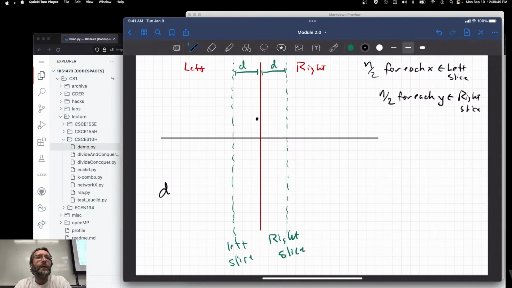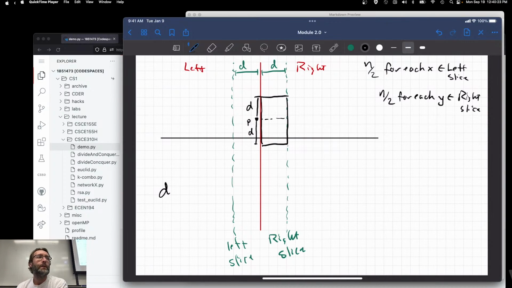We need more structure. Well, if I exploited that structure of distance D away in the x direction, what's to stop me from exploiting that structure in the y direction as well? This point right here, P, if I went up a distance of D, and if I went down a distance of D, that defines a nice little rectangle here, and any point that is closer than distance D to this point is going to lie within this rectangle.